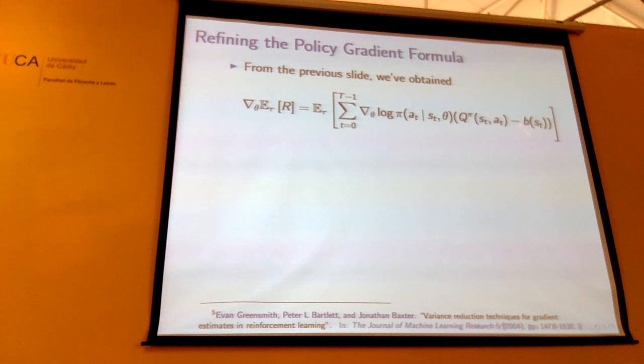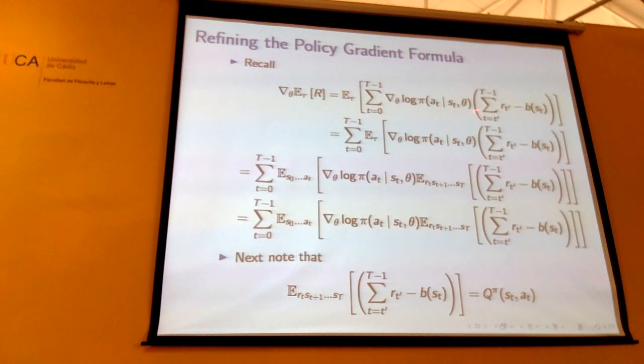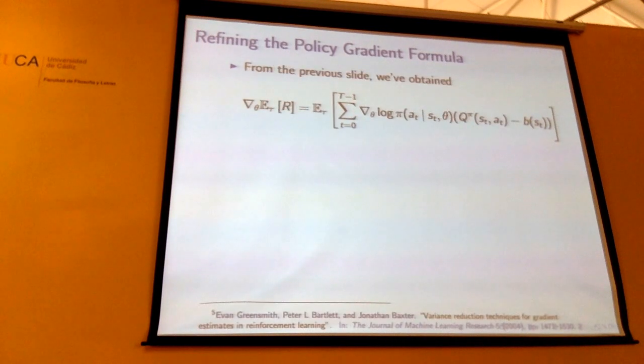Well, s sub t is a random variable, so this term right here is a random variable, but basically all I did here is I took the reward part, the expression involving a sum of rewards, and I replaced that by its expectation. So this first part involving the sum, I just replaced by the Q function. Does that make sense? Any other questions?